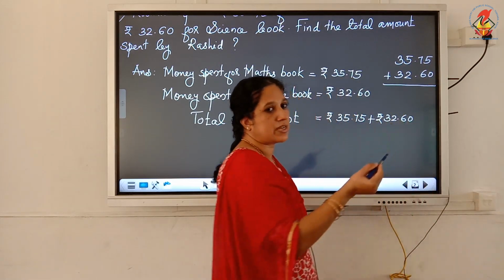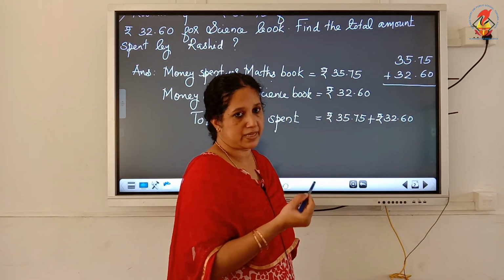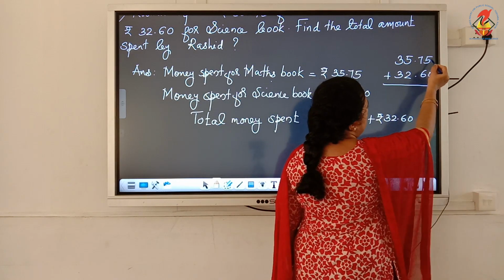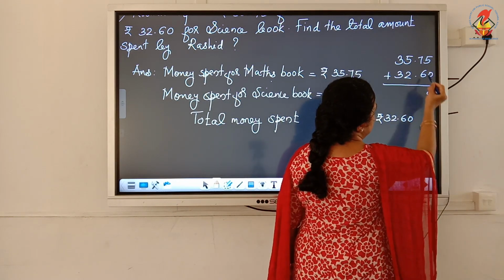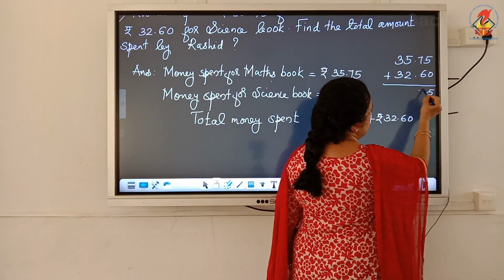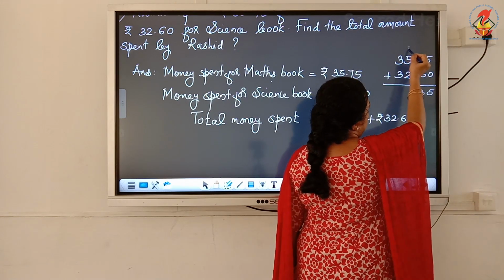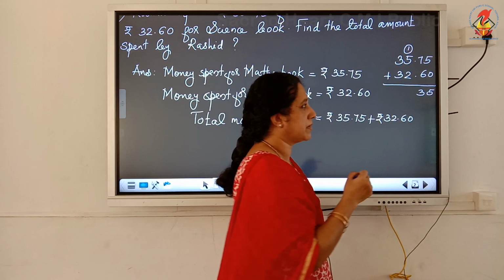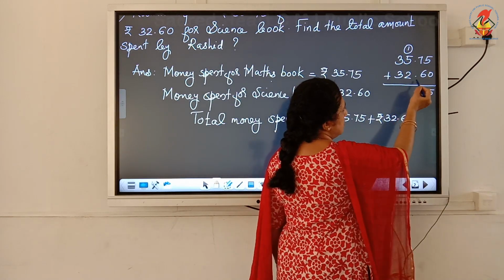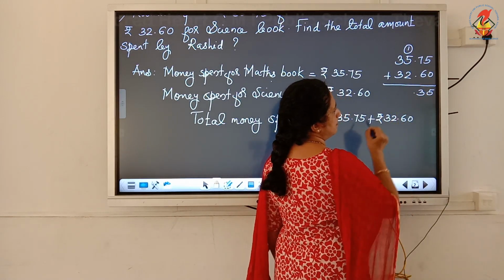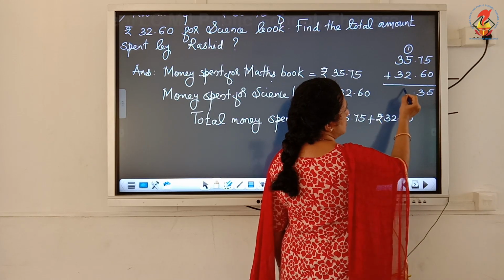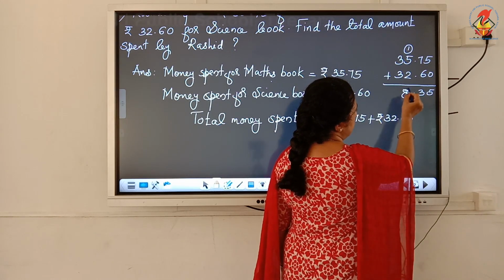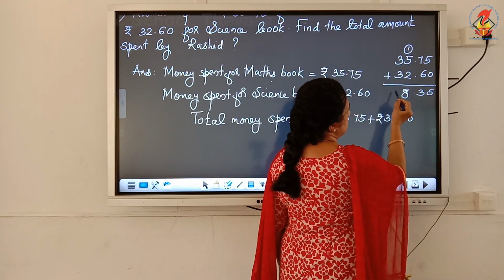So we have to start from the 100th place onwards. 5 plus 0, 5. 7 plus 6, 13. Carry over 1. So it will go to the next place. That means the whole number part. Now next the decimal point comes. Put the decimal point. 5 plus 2, 7 plus 1, 8. 3 plus 3, 6.